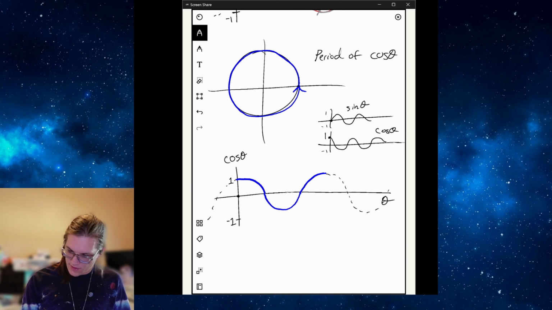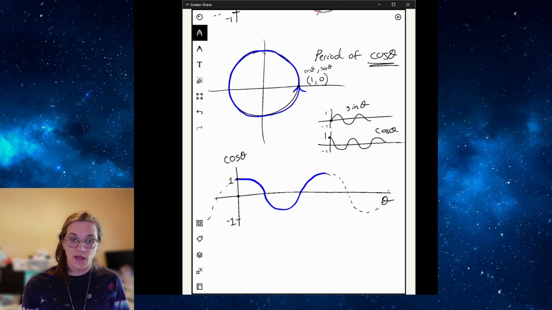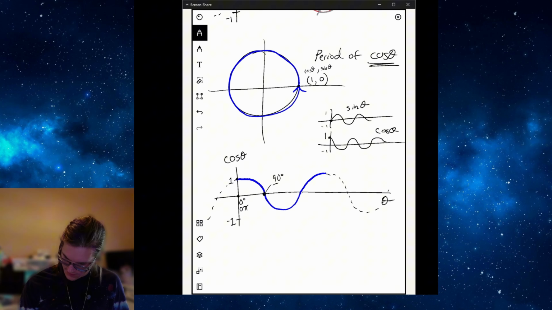And it makes sense. It should work like that, because for cosine at 0 degrees, we have the point 1 comma 0. So the cosine is 1. This is 0 degrees or 0 pi. This is 90 degrees or pi over 2.